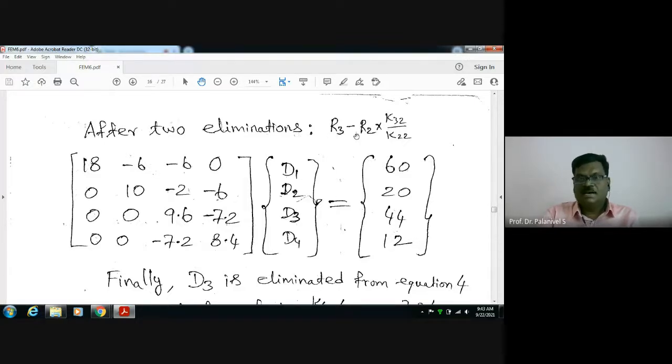R3 minus R2 into K32 divided by K22, and R4 minus R2 into K42 divided by K22. I forgot to write that here. If you do it, these two terms will become 0.